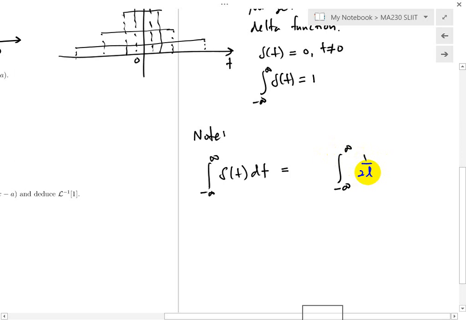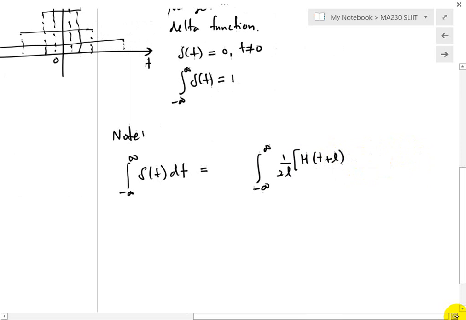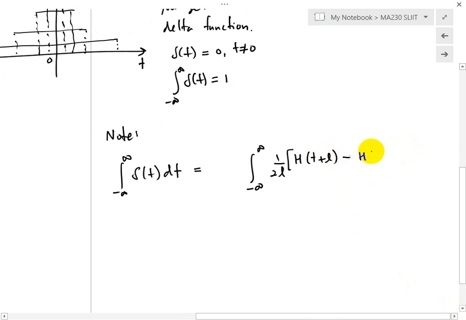Using the Heaviside function, you can write this as h of t plus L, which means it is shifted L units to the left, and then you subtract h of t minus L and multiply by 1 over 2L, so that's the height. So this is pretty much the function.